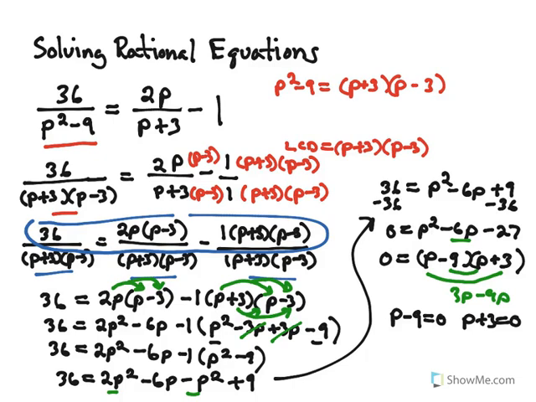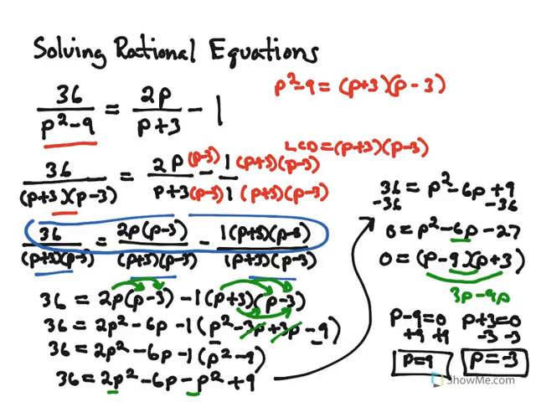So we need to take this extra step and then go ahead and set both factors to 0 and then simply solve for p. Well, if I add 9 here, I'm going to get p equals 9. That's one of my solutions. And then here I'm going to subtract 3, and then I'm going to get p equals minus 3. So these are your two solutions that I get when I factor, okay?